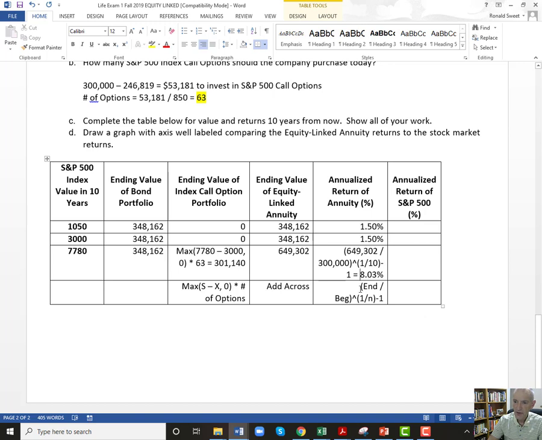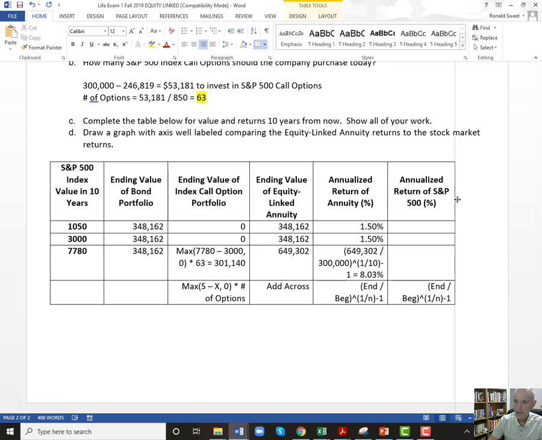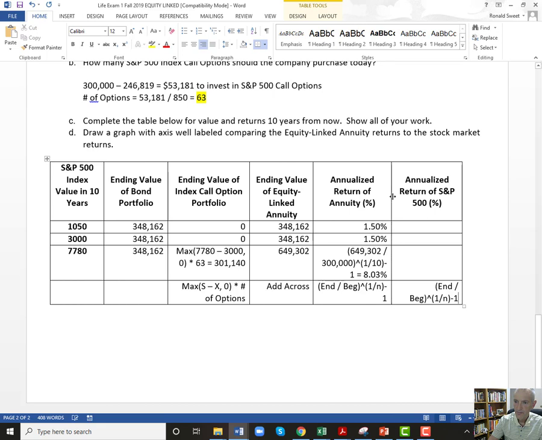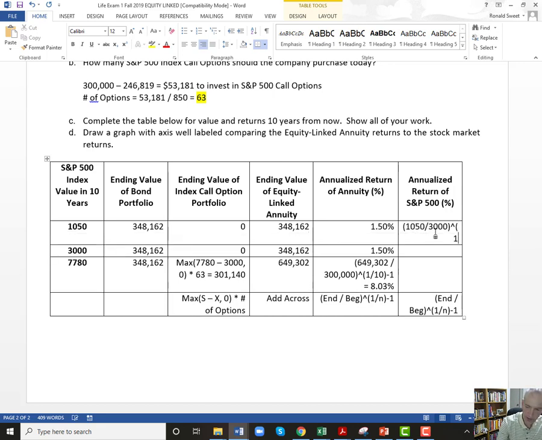Now let's look at the S&P 500. It's the exact same formula. So here we're going to take the ending value, 1050, divided by 3,000, raised to 1 divided by 10, minus 1.